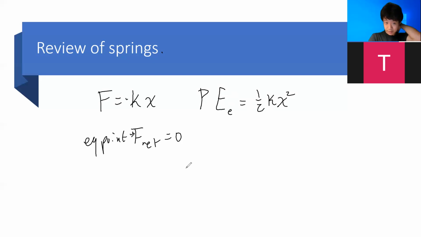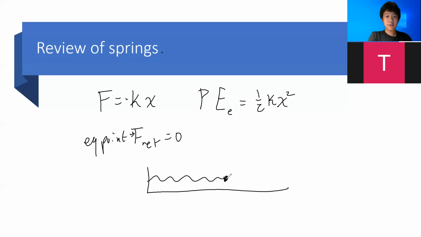Okay, so this means that for a horizontal spring, an object like that, for F net to equal 0 in the horizontal direction, the spring must be unstretched, because otherwise there would be a non-zero net force. Okay, so for a horizontal spring, the equilibrium point is at the unstretched position.